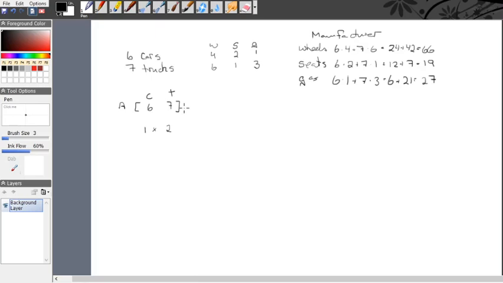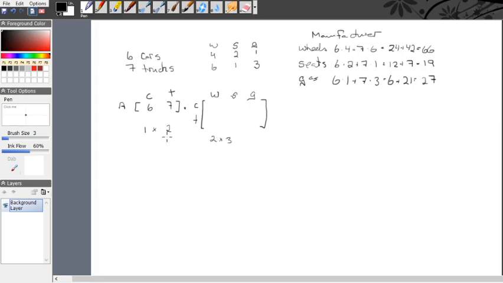What I'm doing here is just talking about how to multiply these together and why, to clear up some confusion. Cars and trucks need wheels, seats, and gas tanks, and we've got a 2x3 matrix.